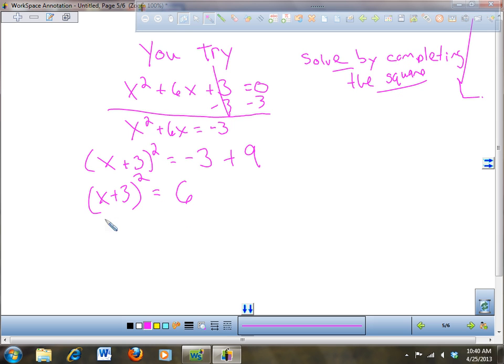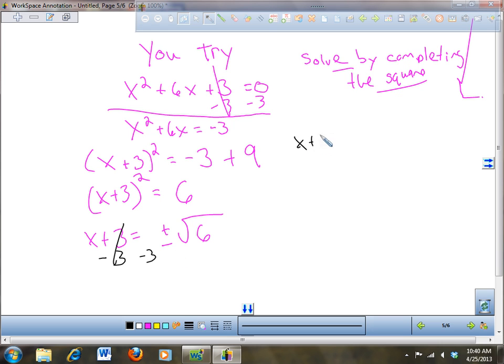And then I have to take the square root of both sides. So I get x plus 3 equals plus or minus the square root of 6. And then you subtract the 3 from both sides. This makes this go away. Oh, I should have broken it into two equations.